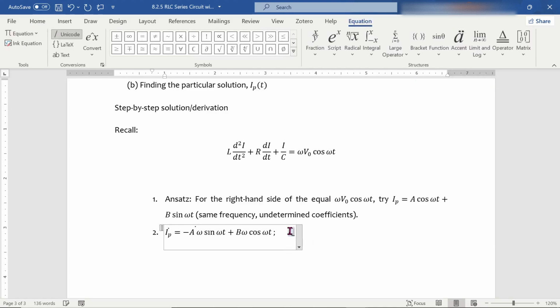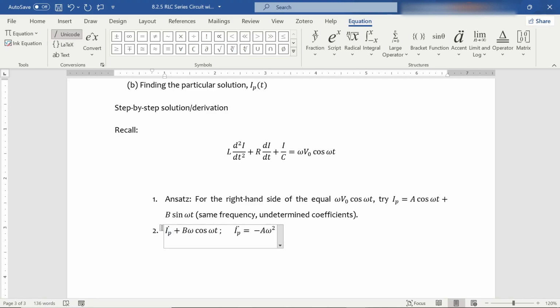What's the derivative of this? So that's negative a omega squared. Let me make sure that this is correct.